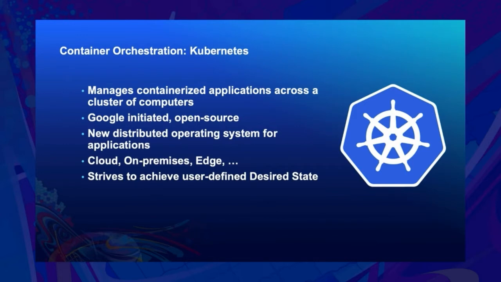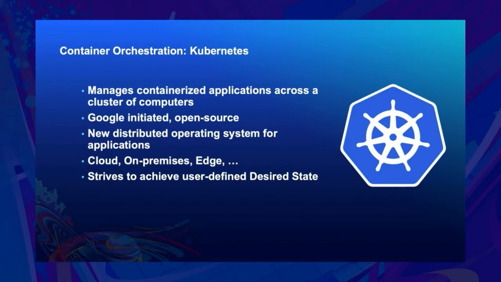Kubernetes was developed as a container orchestrator at Google, and it has now been open sourced. It is one of the most popular container orchestrators and has a massive community behind its development and adoption. Kubernetes is the software that manages the lifecycle of containers across many nodes. You can almost think of it as a new distributed operating system.